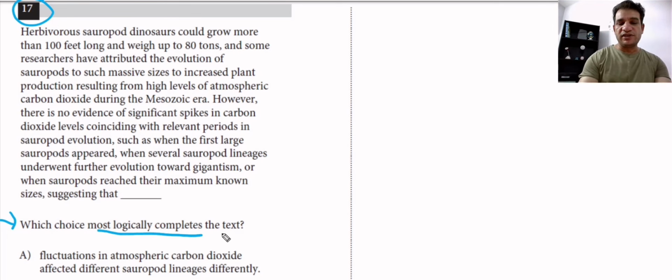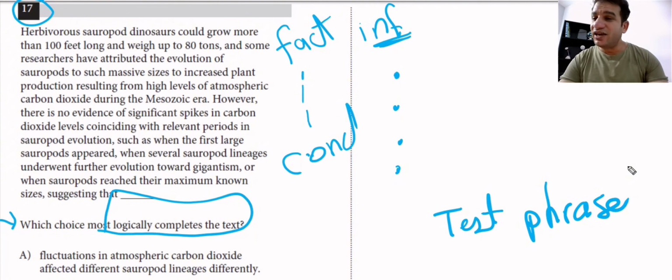You can paraphrase your conclusion in your own words to come up with what we call a test phrase. And then you take your test phrase and check it against the answer choices to find a match, and whatever matches your test phrase is the correct answer.